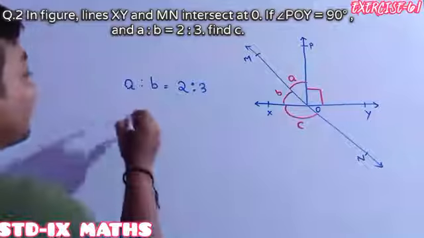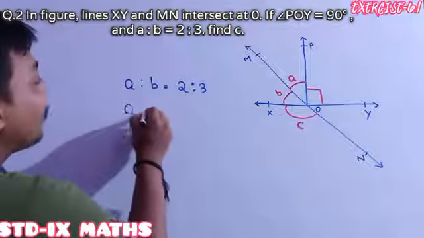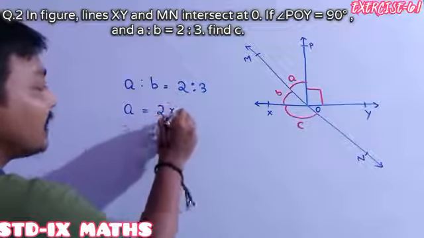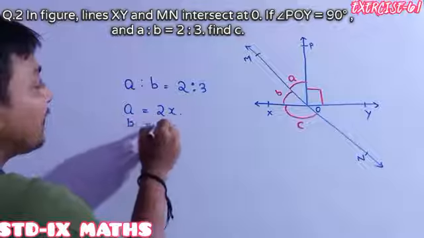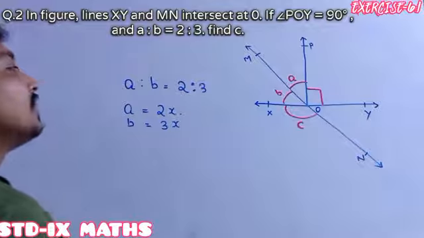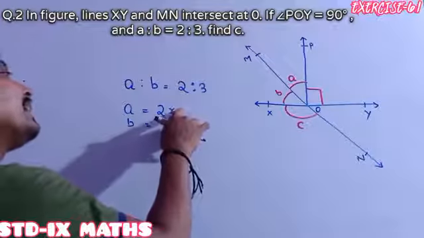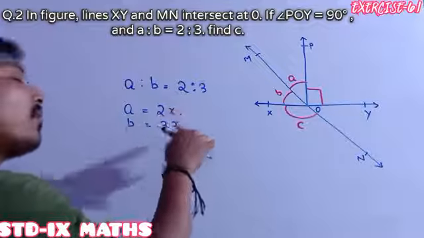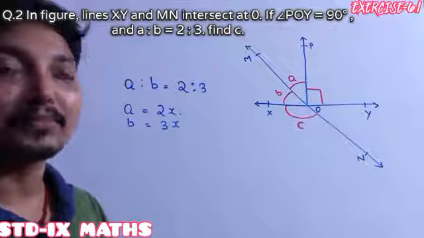So here I am writing: whenever A is 2 parts of some number, B is also 3 parts of that same number.